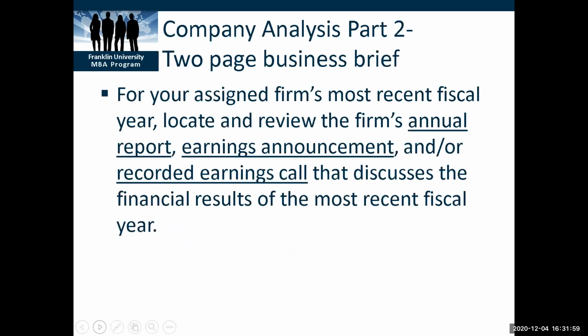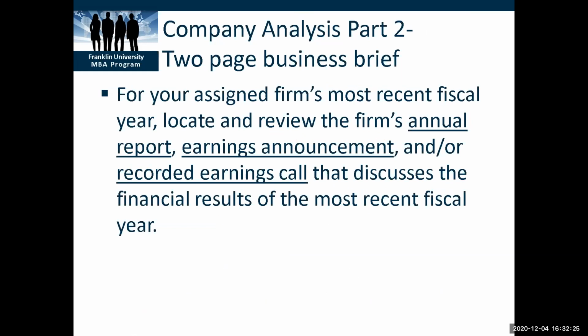For part 2, before you work on it, you need to locate, download, and review your company's annual report, the earnings announcement, and or recorded earnings call. You can find all that information on the company's website, in the financials tab.